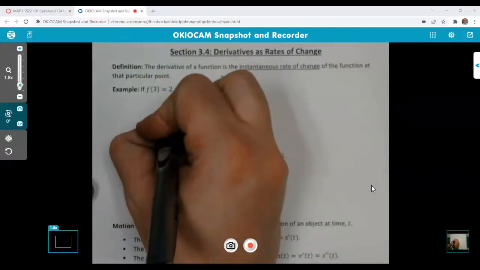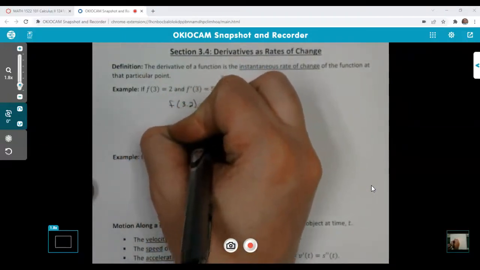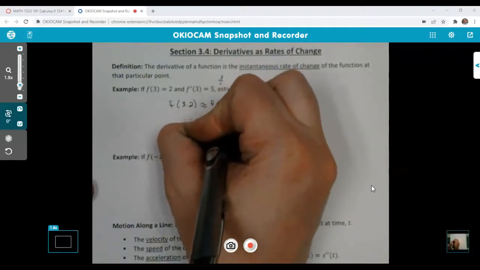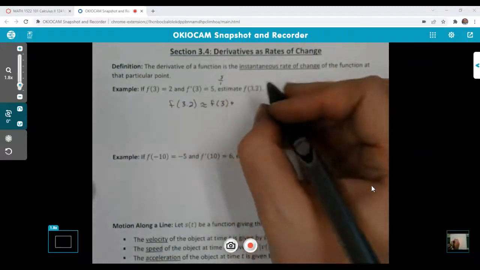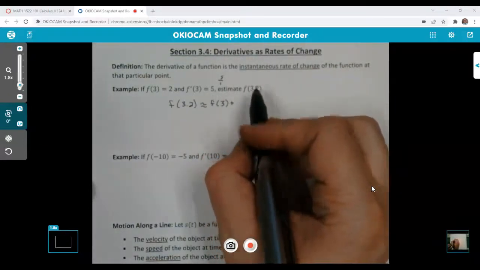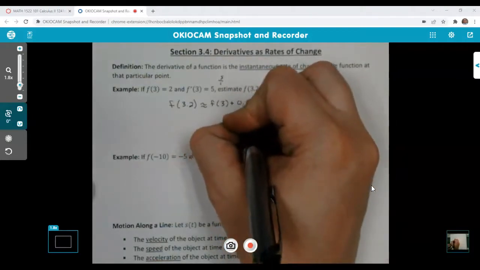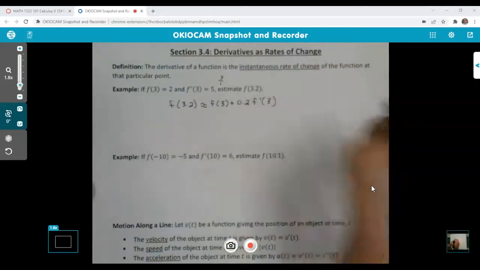So when I estimate f of 3.2, that's about whatever f of 3 is, and then I'm going to add how much change I'm going to have right here. So from 3 to 3.2 is a change of 0.2 times the rate of change at that point.